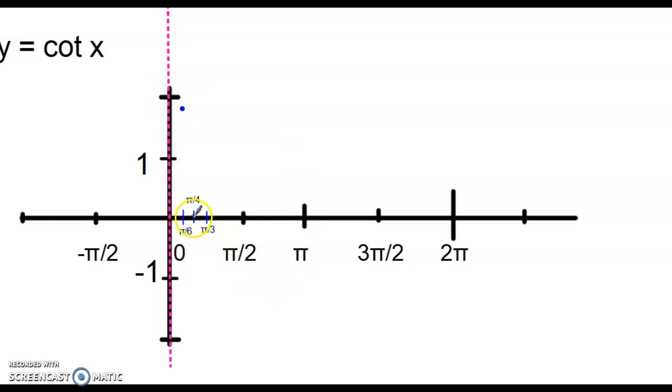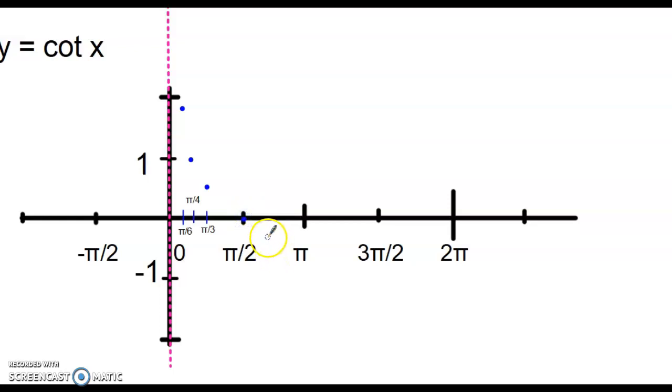The cotangent of 45, or pi over 4, is a 1. And the cotangent of 60 degrees will be a 0.57, so a little bit more than a half. The cotangent of 90 degrees, or pi over 2, is 0.